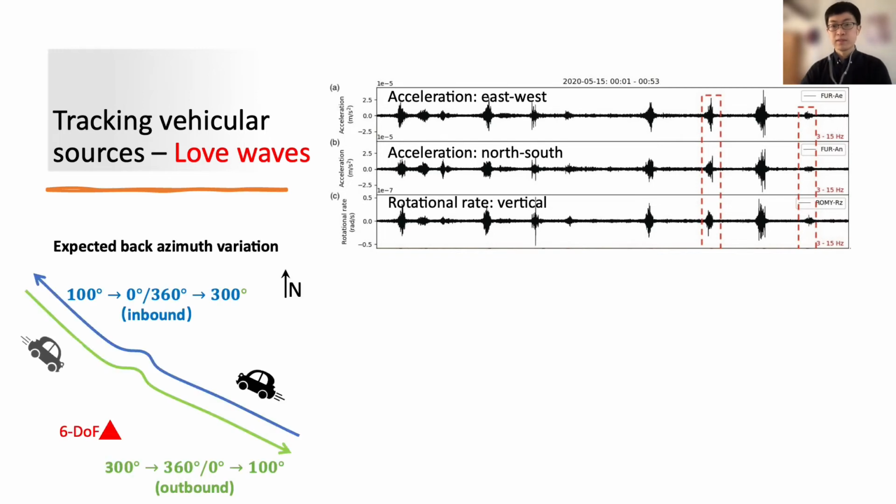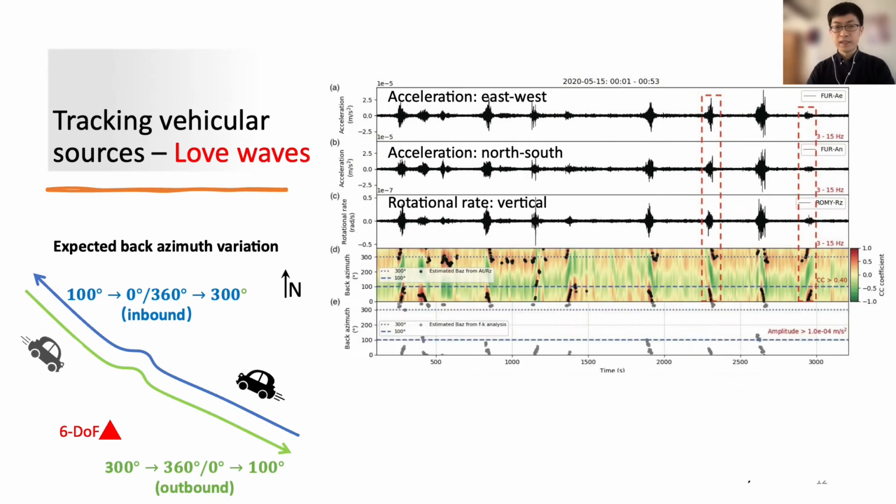Considering the relatively low location of the 6 degree of freedom station and the highway shown on the left-hand side, the back-azimuth variation of the inbound vehicles is expected to decrease from 100 to 0 degrees and then keep decreasing from 360 degrees to 300 degrees approximately. The outbound ones are just the reverse.